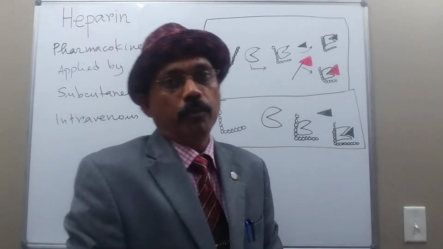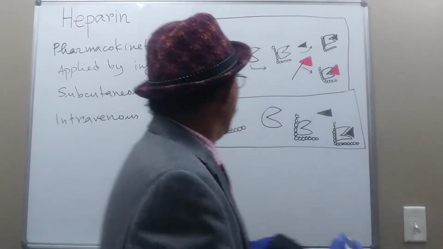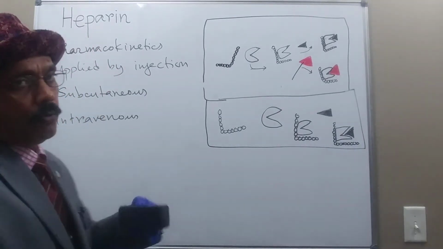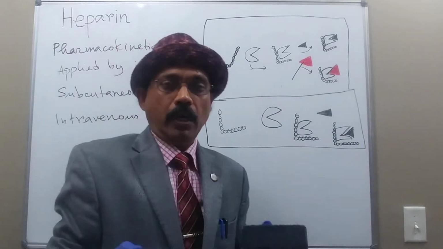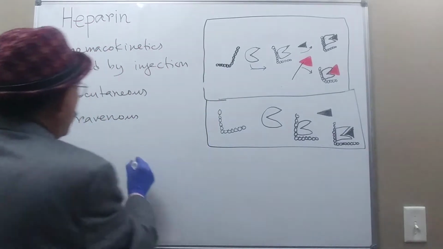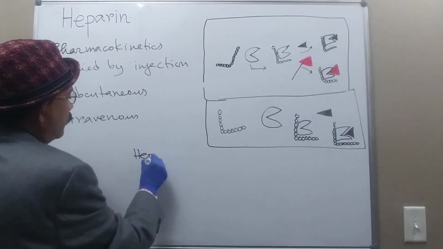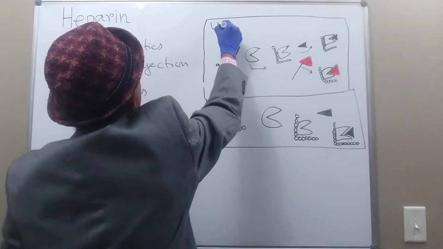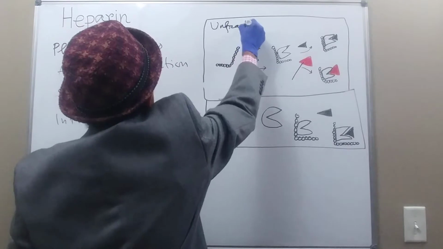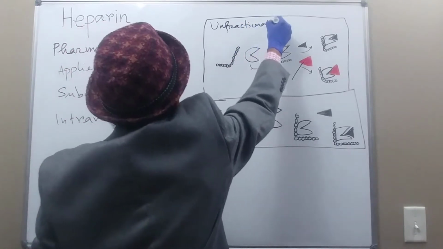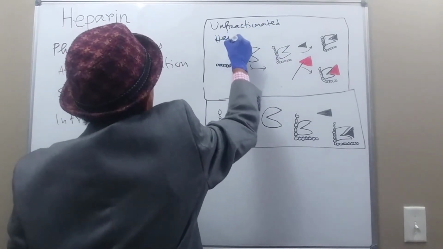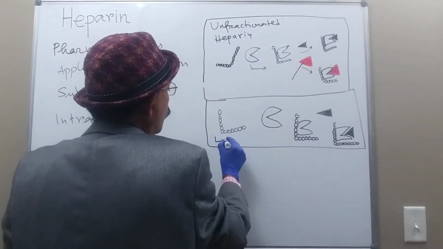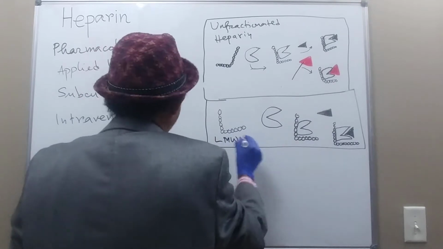We have two types of heparin we use. One is the regular heparin, which we will discuss here as unfractionated heparin, and the other is the low molecular weight heparin.